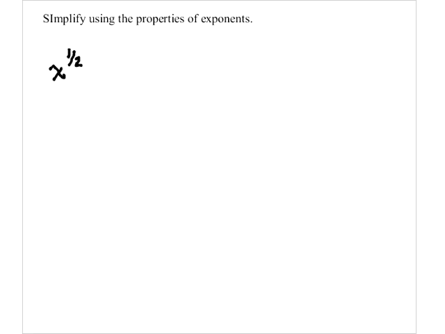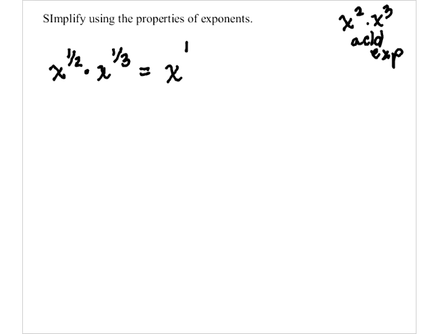X to the 1/2 times x to the 1/3. Now, remember, going back to what you learned, I'm just going to do this off to the side, and then I'm going to erase it. Suppose that were just x squared times x to the 3rd. You should add the exponents. Okay? All right, so in this case, you may want to write it out first, 1/2 plus 1/3. And you can either do that on your calculator, or you can go ahead and find a common denominator, which we should be really good at right now.